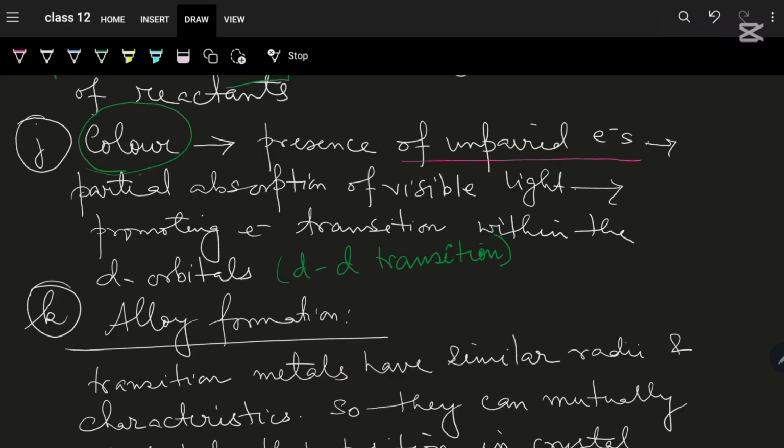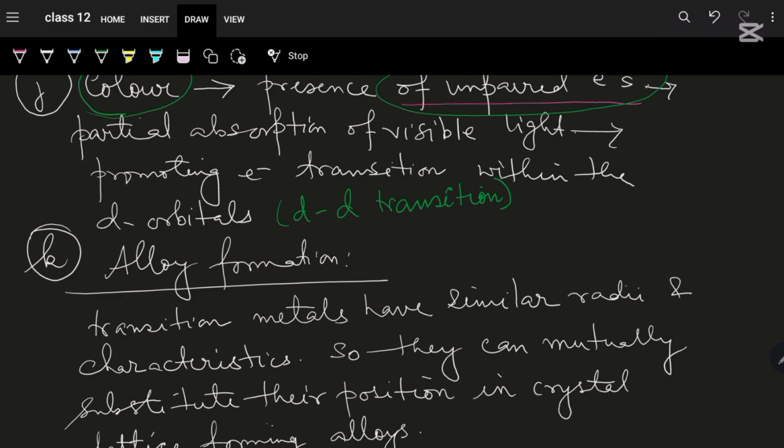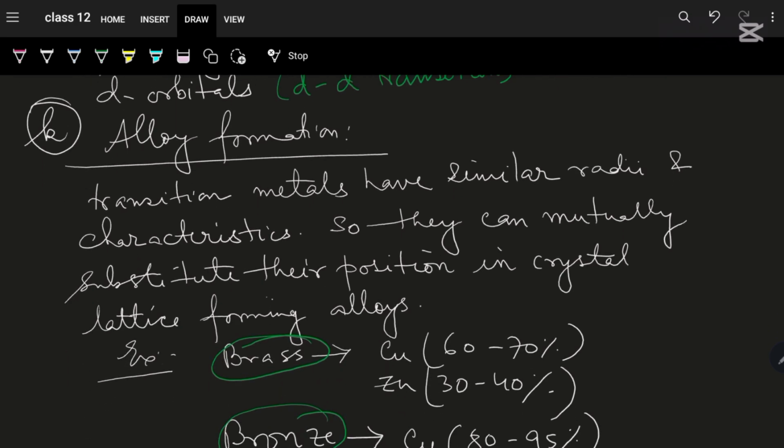That is an incomplete answer. You have to show the electronic configuration. Hence, you have to show that there is an unpaired electron or maybe more than one unpaired electron, on account of which they absorb the visible light of the spectrum, promoting electron transition within the d orbitals, which is known as d-d transition.